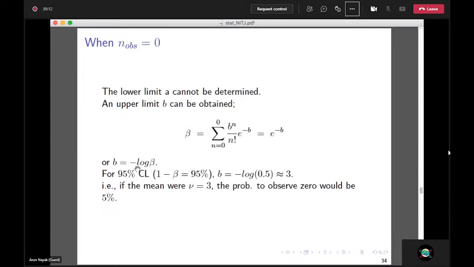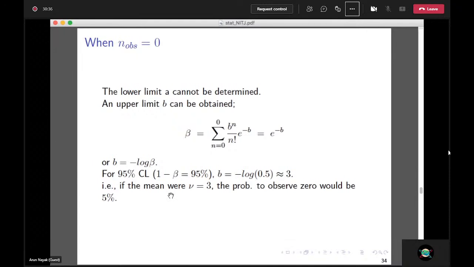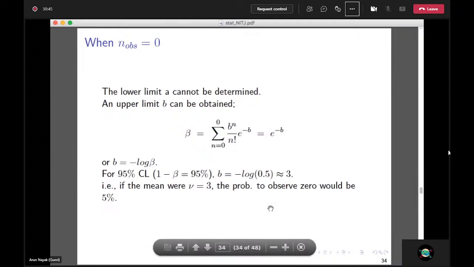And for 95% confidence level, that means beta is 5%. Okay, so 1 minus beta is 95%. So minus log this is around 3. Okay, so that means if the mean was 3, the probability to observe 0 events would be about 5%. Okay.